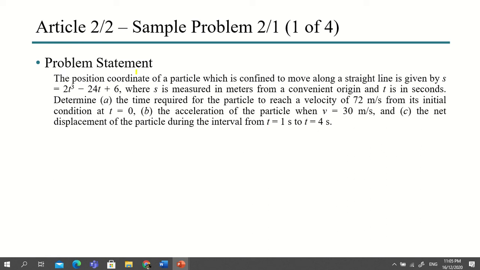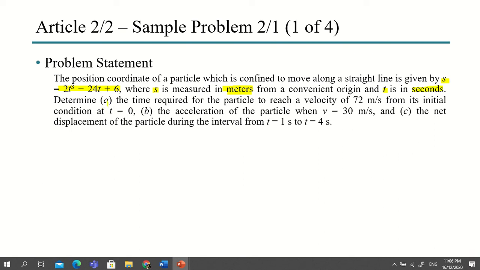The position coordinate of a particle which is confined to move along a straight line is given by s equal to 2t cubed minus 24t plus 6. Here s is measured in meters from a convenient origin, and t is expressed in seconds.